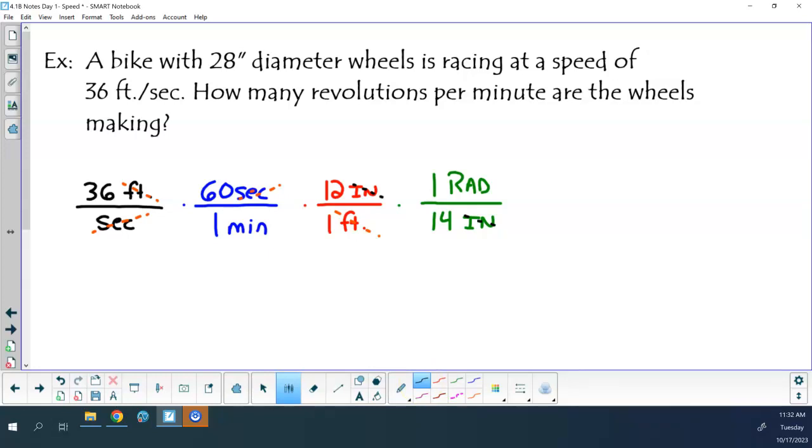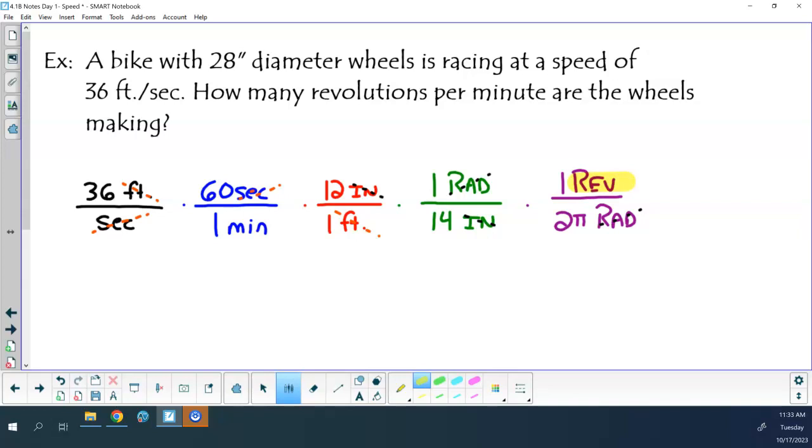Now we can go, what? One revolution is what, Rose? 2 pi radians. My only label left on top is revolutions.